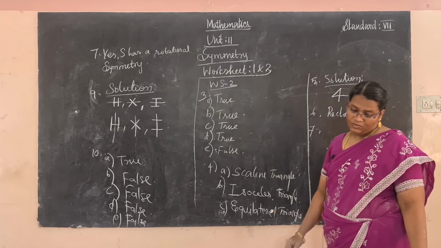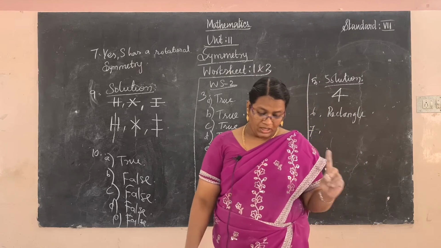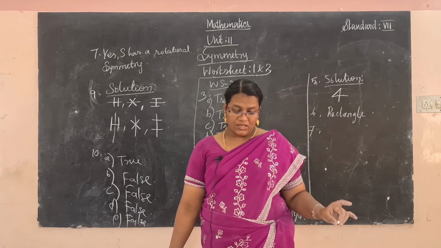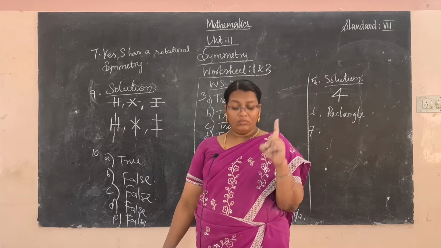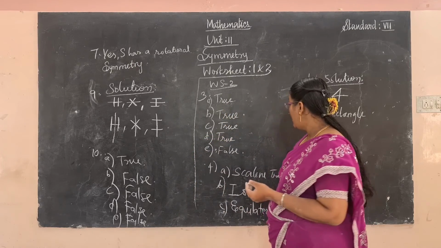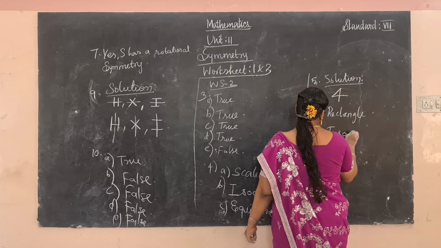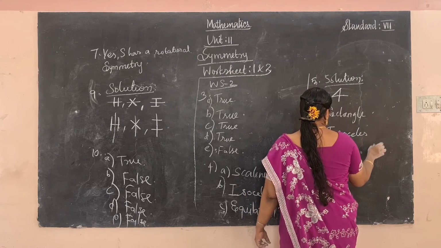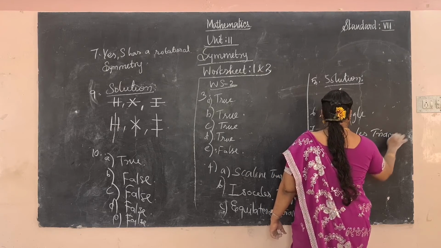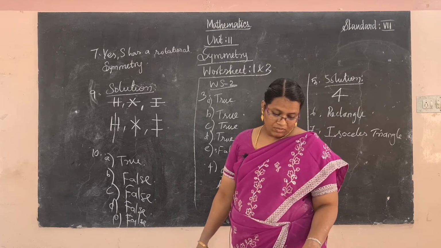Seventh one. Name the 3 figures which have 1 line of symmetry but no rotational symmetry. 1 line is there but it's not having rotational symmetry. Isosceles triangle. Okay. Any other? 1 line of symmetry.